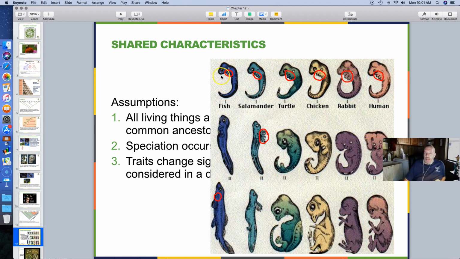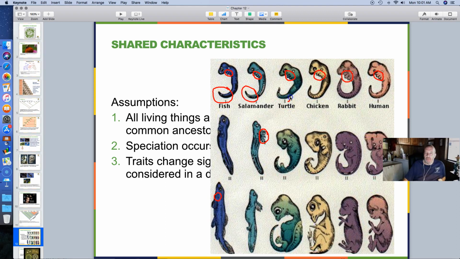And so embryologically, when we look at these things, we know that, again, they shared a common ancestor because we all have what are called pharyngeal gill slits. So the remnant of a much earlier ancestor that evolved out of the water. Again, fish have tails.